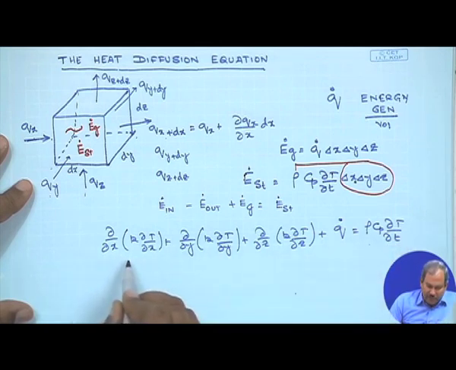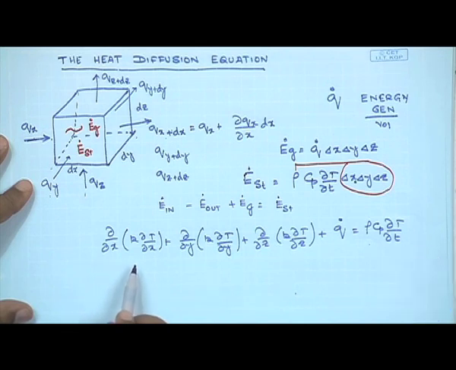This is the amount of energy, the net conductive heat flux into the control volume from the x direction, from the y direction, and from the z direction.